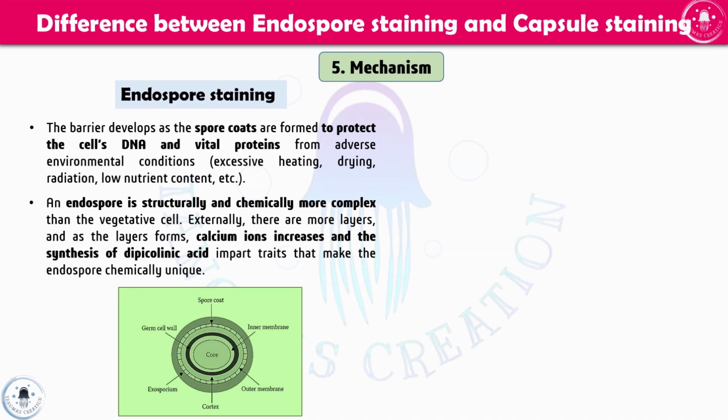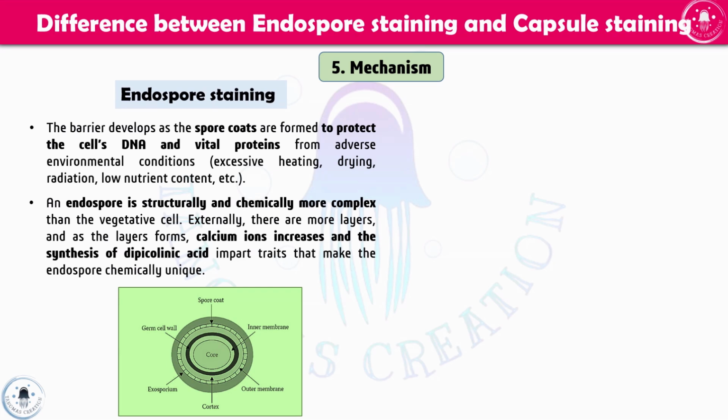Now as the layers go on forming, the calcium ion production inside the spores increases, and thereby increases the synthesis of dipicolinic acid. Now this dipicolinic acid imparts the trait that makes the endospore chemically unique. This very dipicolinic acid is responsible for the resistant nature of the endospore.